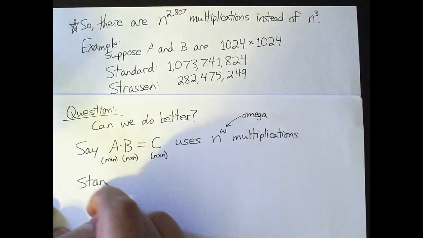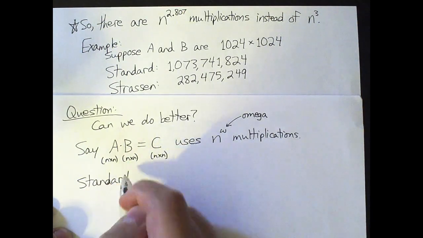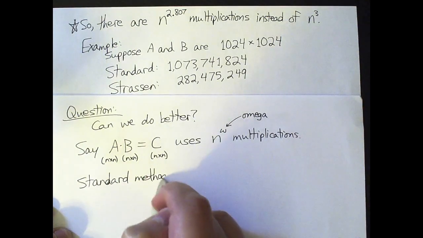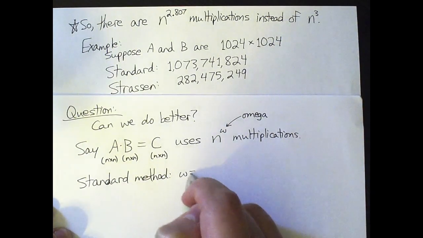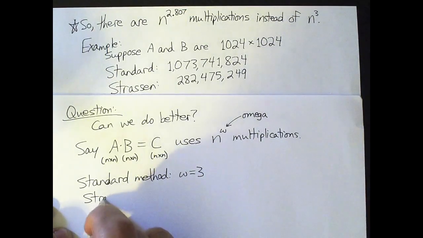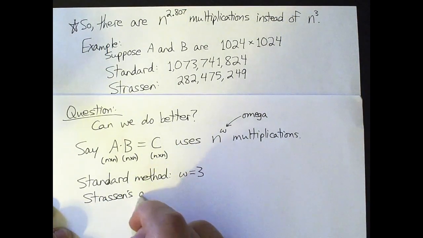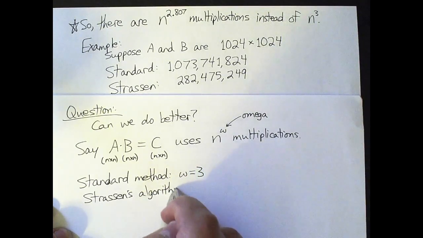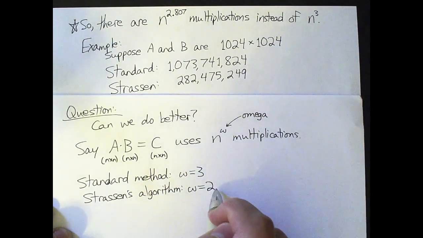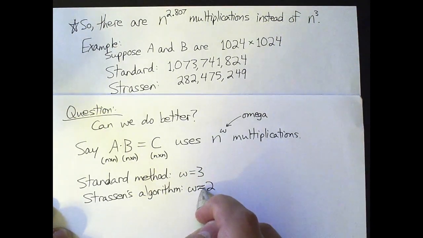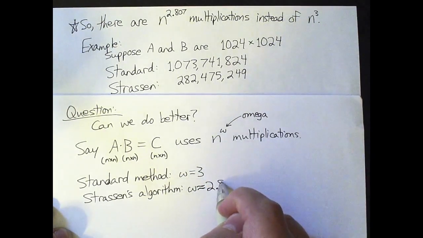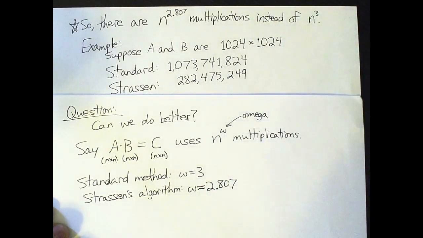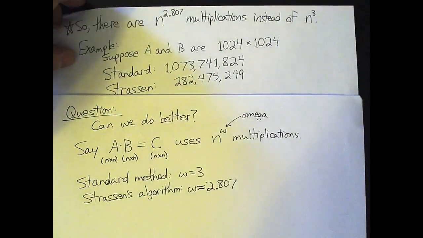If we use the standard method, the definition of matrix multiplication, we've seen that we get omega equals 3. And if we use Strassen's, we've seen that we get omega approximately equal to 2.807. Can we get this exponent to be even lower than that? Like with a more modern method, maybe? So let's move this other page away.